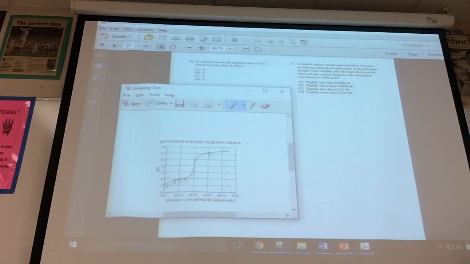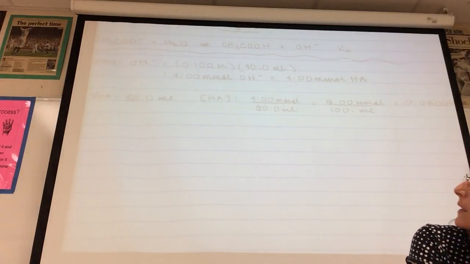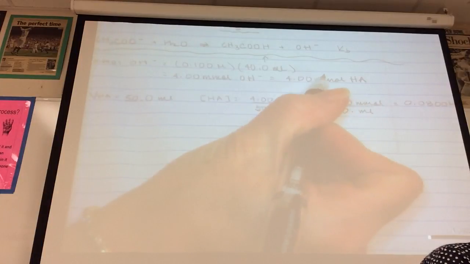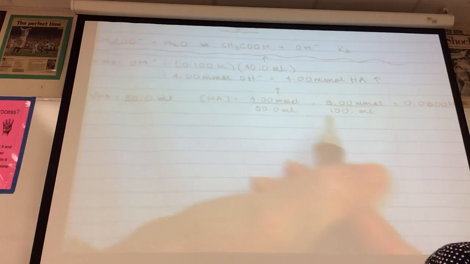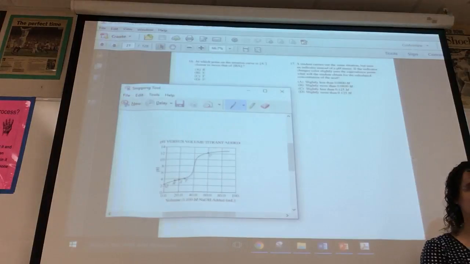So what do you think? As you move past the equivalence point, doesn't the concentration decrease? So he added a little more base than he should have. That's going to make these erroneously high. And the answer is B.